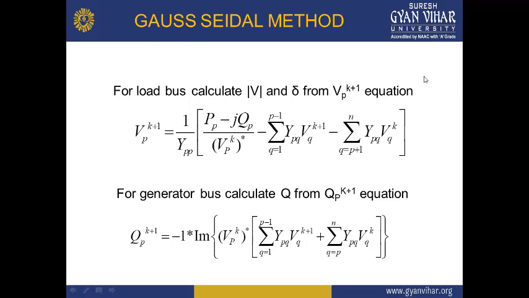Similarly, Ypp is the self admittance of the bus P, and Ypq is the admittance of the transmission line from bus number P to bus number Q. So similarly, we can identify by using this equation the voltage at the Pth bus.